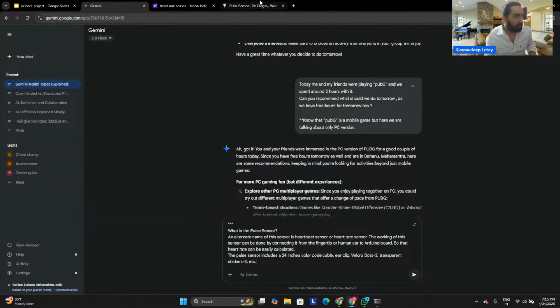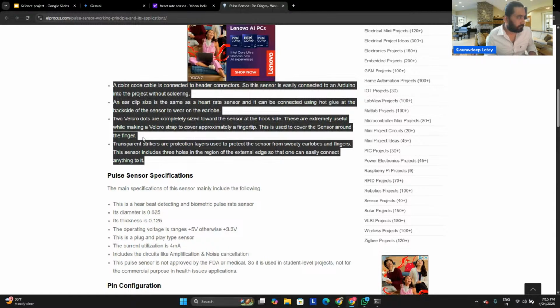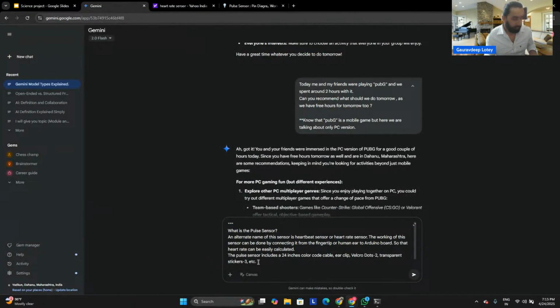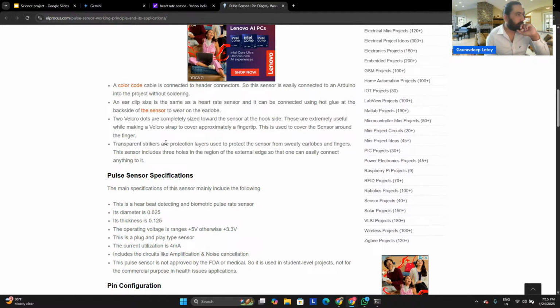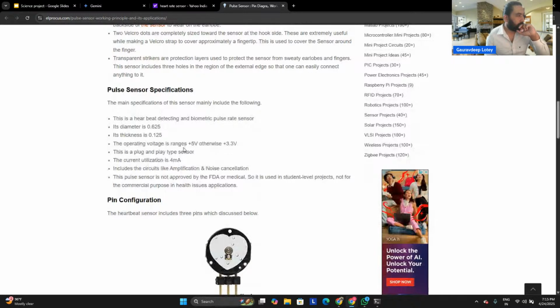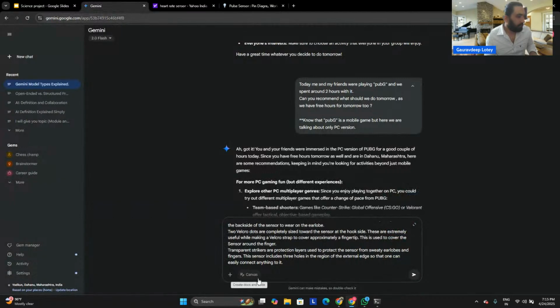I'll create a knowledge base around it, and I'll add this knowledge base. So let us see if we can work around with it.